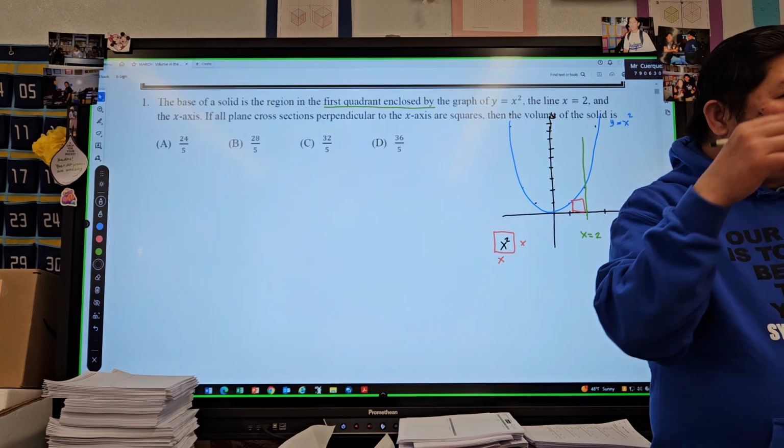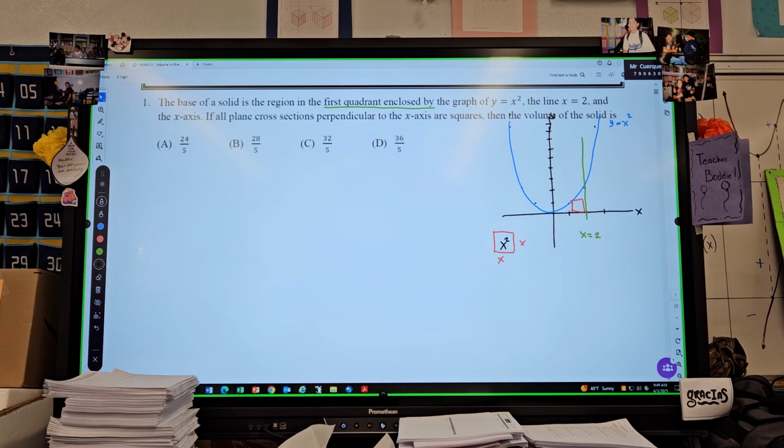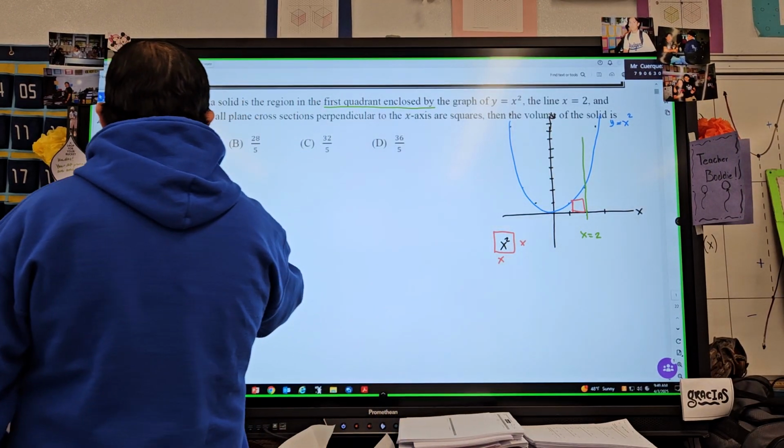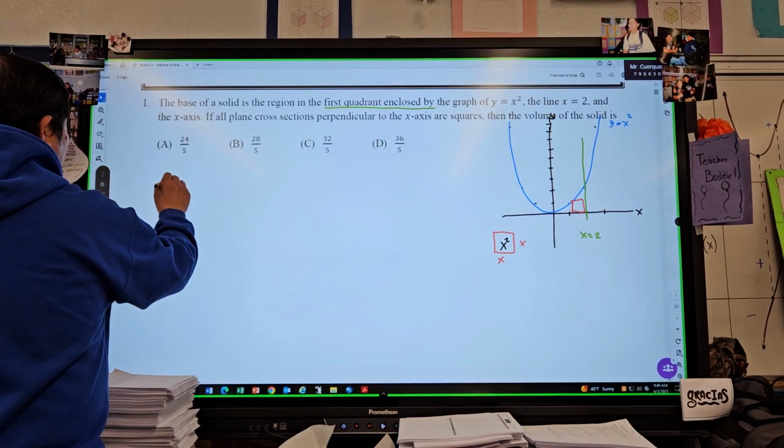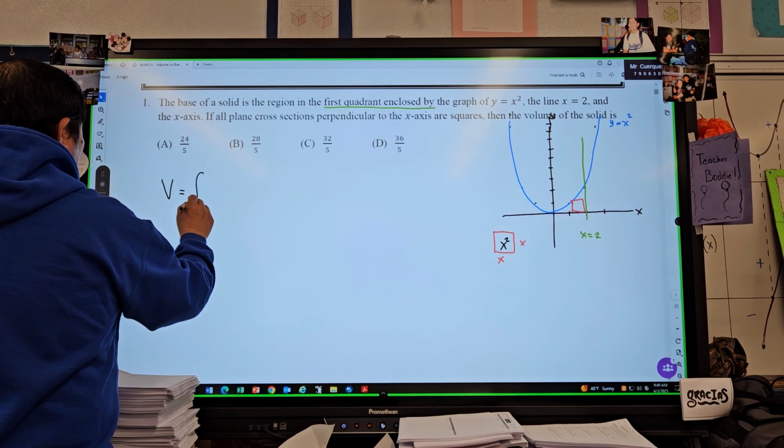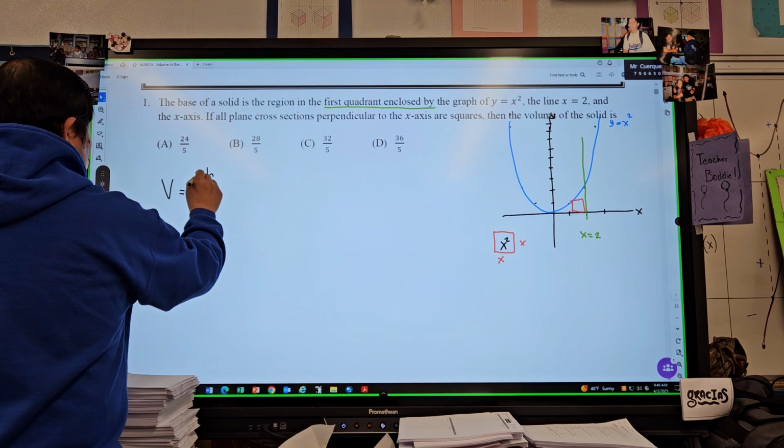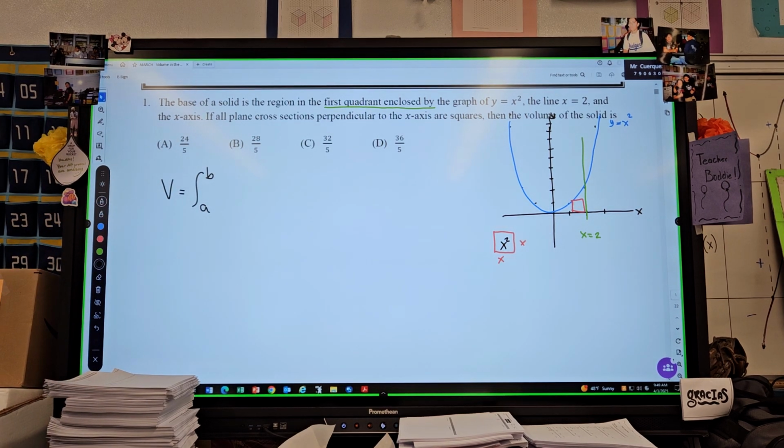Remember, volume is the area times the change of x or change of y, right? Okay, so we now formulate an equation. Set an integral. Volume is equal to the integral from a to b, okay, and then we have f of x dx.